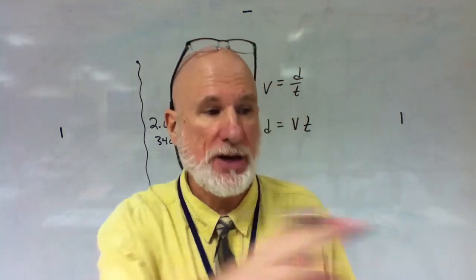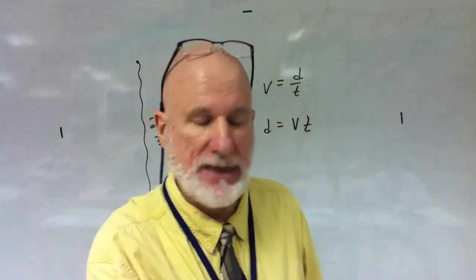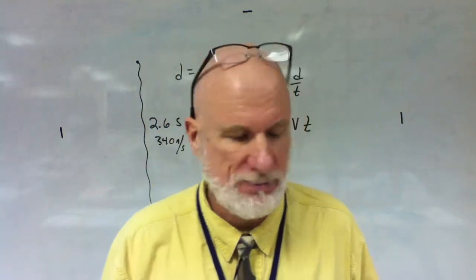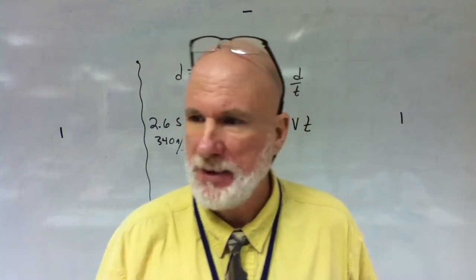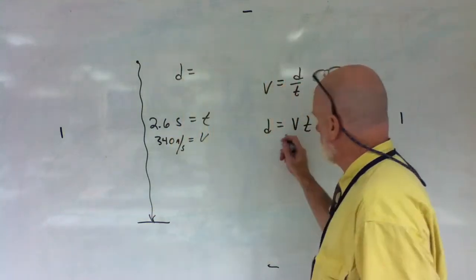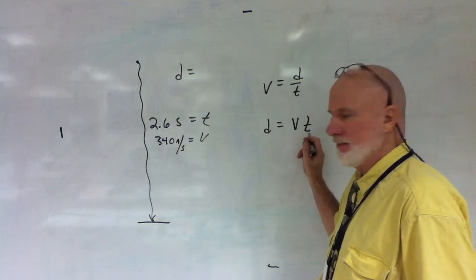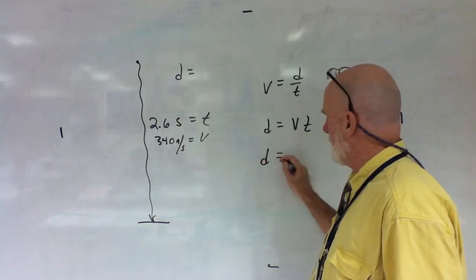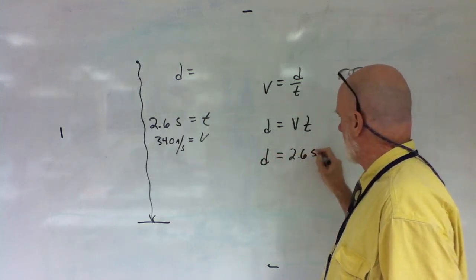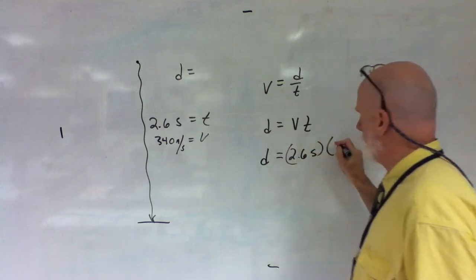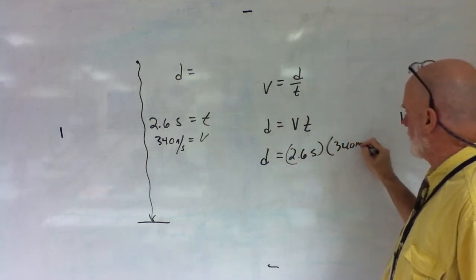Yes? I know that you're giving me the answer, you're skipping a step, and that's fine. But the equation is D equals VT. So D equals 2.6 seconds times 340 meters per second.